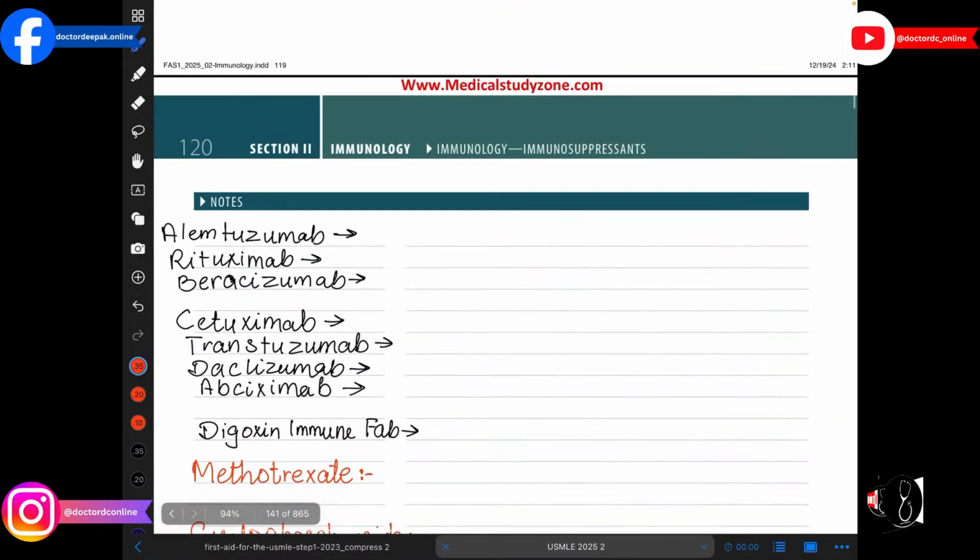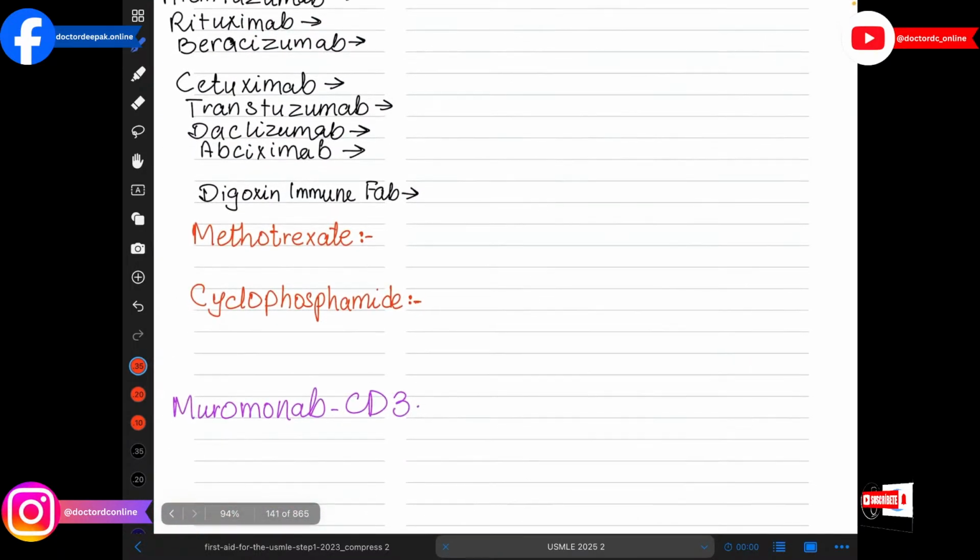Now we are moving towards some anti-cancer drugs like methotrexate. Methotrexate can be used for chemotherapy and autoimmune diseases.